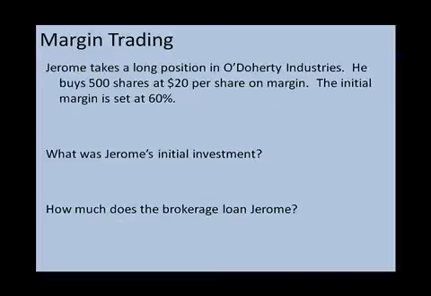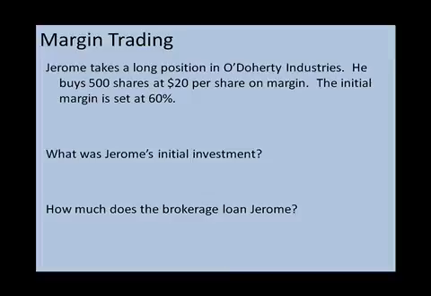In the first example, we're going to consider Jerome, who takes a long position in Doherty Industries. He buys 500 shares at $20 per share, and he's using margin. The initial margin is set by the brokerage at 60%. And we have two questions. First of all, what was Jerome's initial investment?